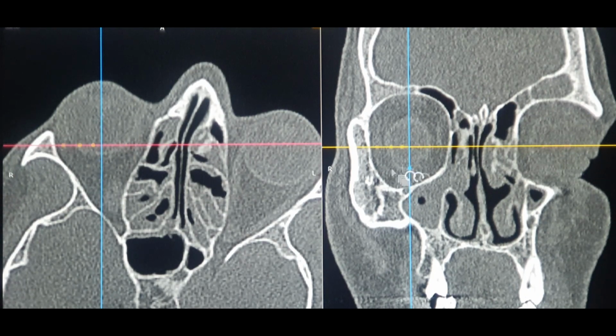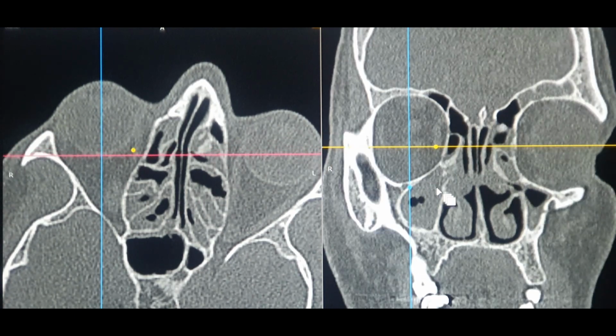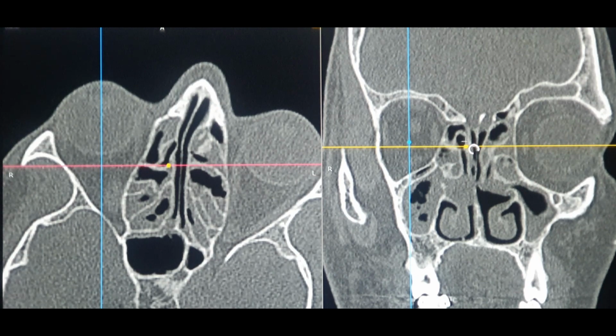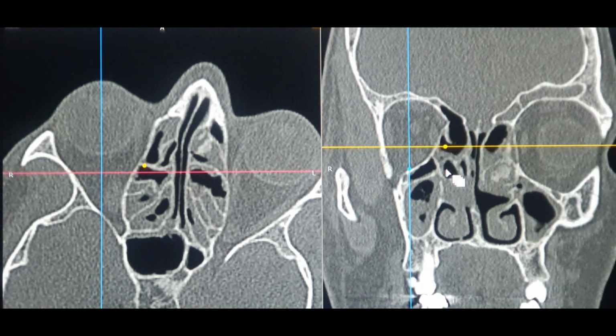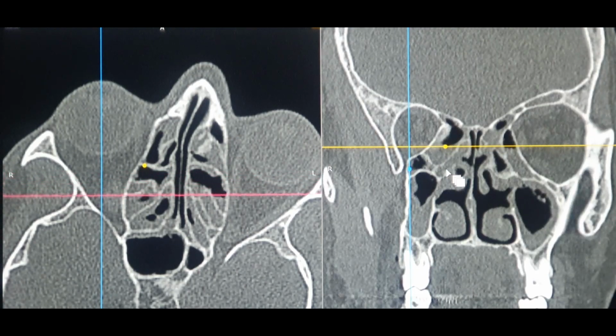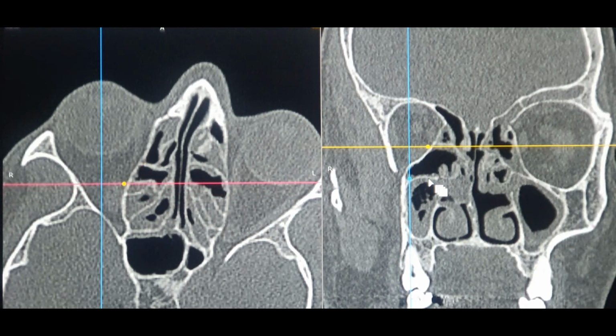If we keep on going behind, as you can see, it's clearly attached to the skull base over here, the cribriform plate. So we can assume that this will always be the anterior 1/3. If you keep going behind, you will observe that this middle turbinate will have a bend now. It's bending towards the lateral aspect, and eventually it will attach to the lamina papyracea, just before the visualization of the superior turbinate.